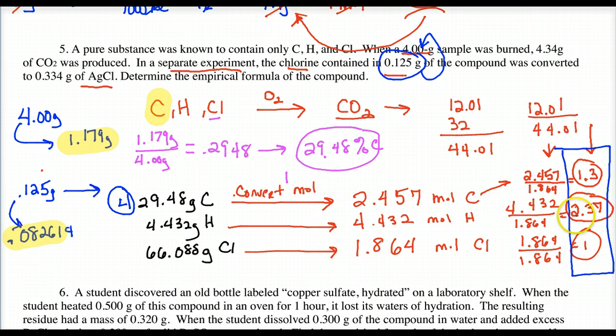And then 2.3 times 3 is about 7. And then 3 times 1 is 3. Again, I multiply everything by 3 to get nice whole number atoms. Can't have 0.3 of an atom in our empirical formula. So that leads us to C4H7 and 3 chlorines. All right, enjoy that one.